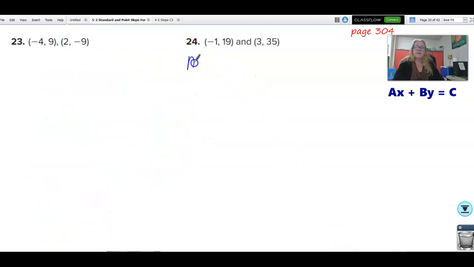And my last example from this lengthy video, there's only half of this chapter. Find the slope. 35 minus 19 over 3 minus negative 1. 35 minus 19. Well, if it was 35 minus 20, that would be 15, but 19 is one less, so it's going to be 16 over 4, which gives me a slope of 4.